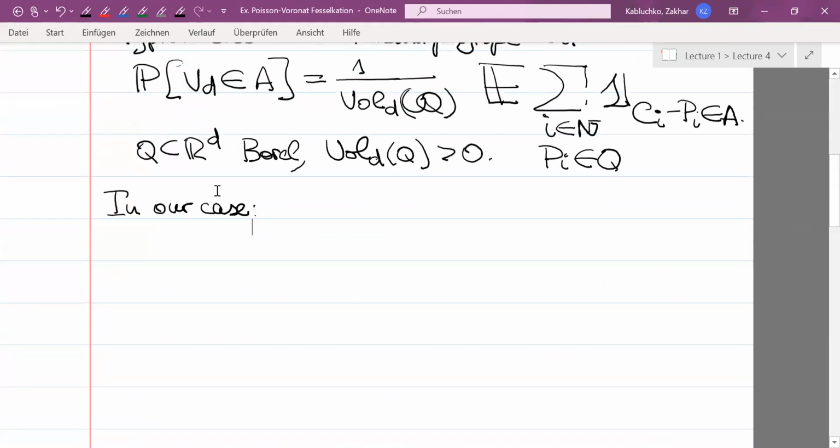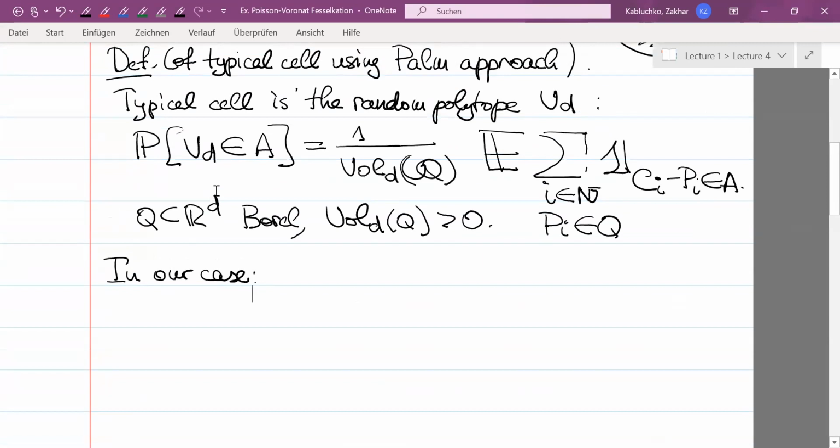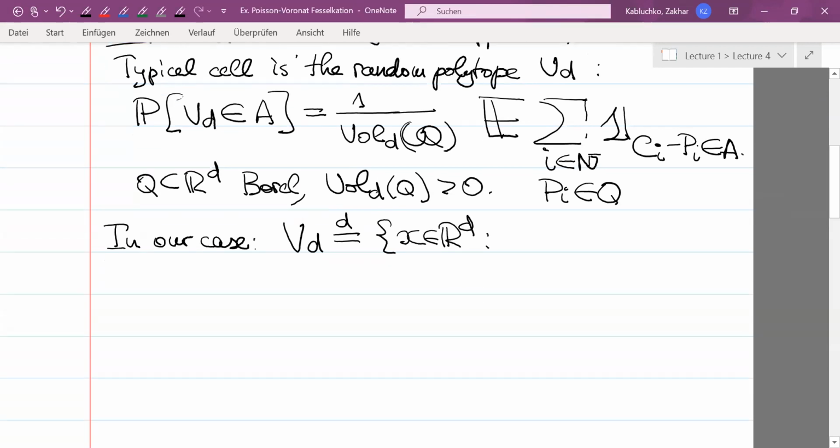And that's why we can just do the following. The typical cell has the same distribution as the zero cell of the Poisson-Voronoi tessellation generated by a Poisson process together with an atom at zero.